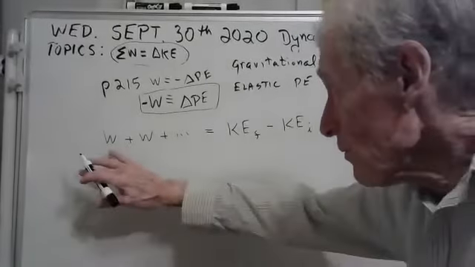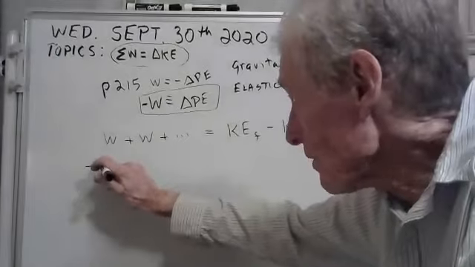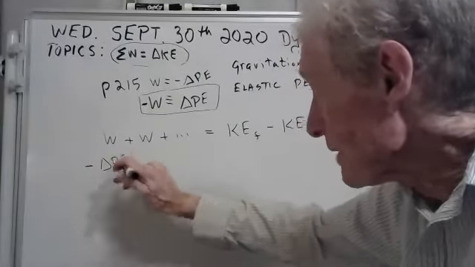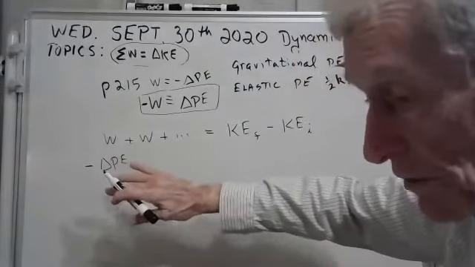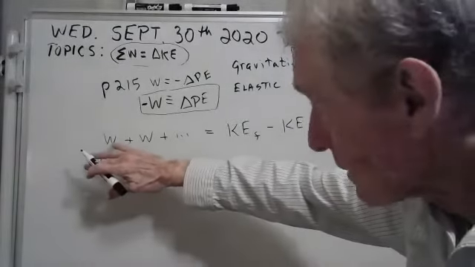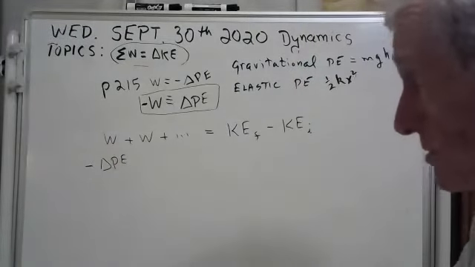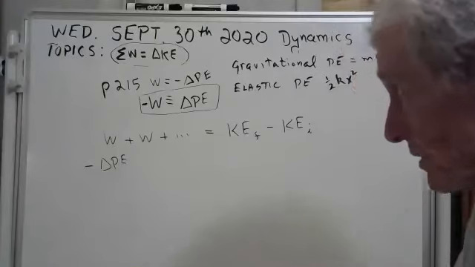Now, if work is equal to the negative of the change in potential energy, let's say you have gravity acting. Well, then you're going to have work. The work done by gravity is the negative of the change in potential energy of gravity.